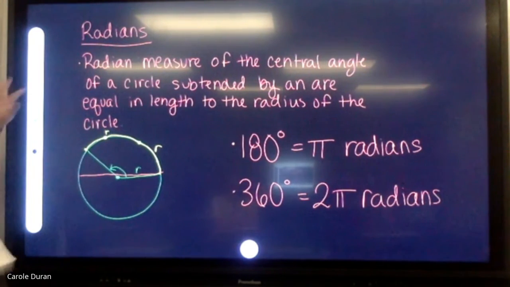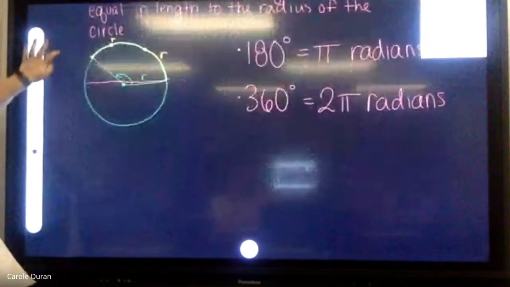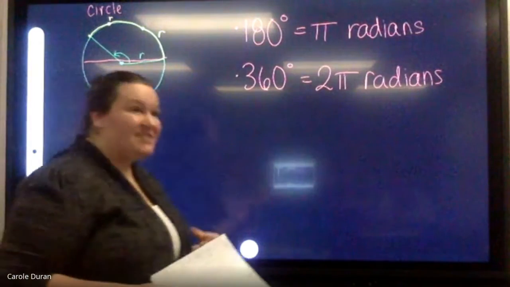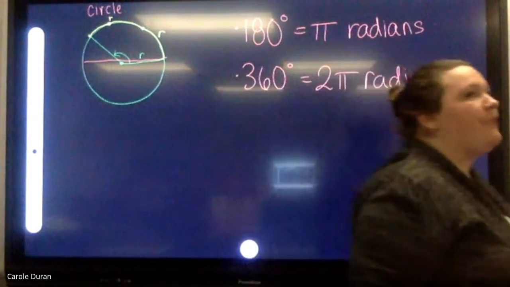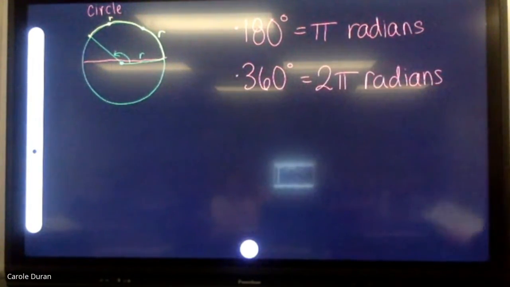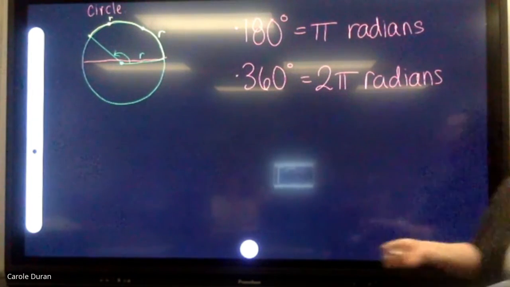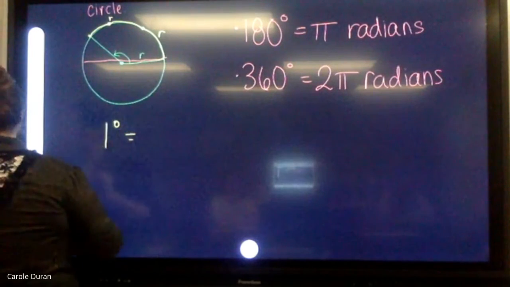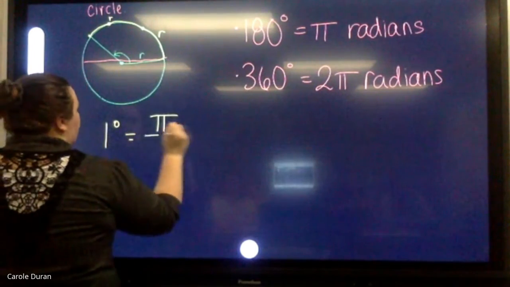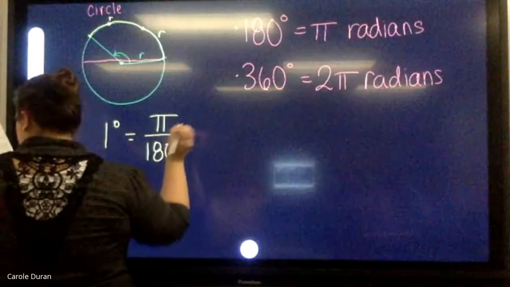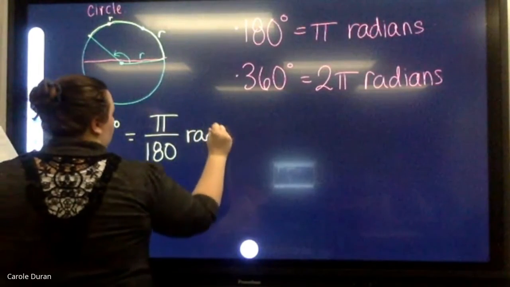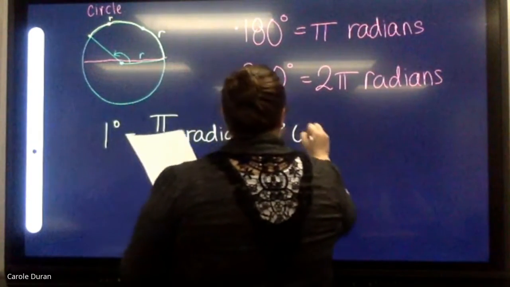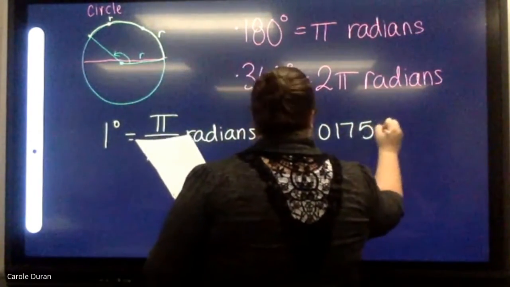So because we know that 180 degrees is equal to pi radians, it actually allows us to find a constant that we multiply to convert between degrees and radians. Okay? So the constant is that 1 degree is equal to pi over 180 radians, which is approximately 0.0175 radians.